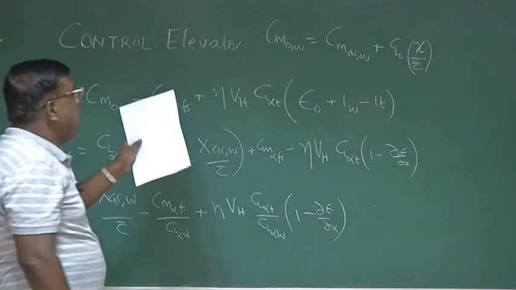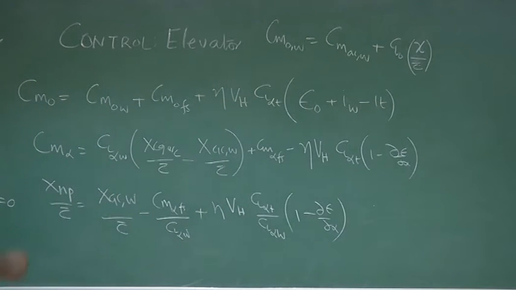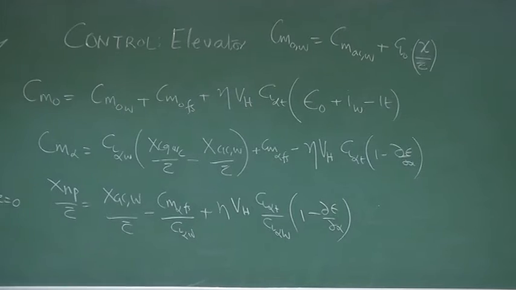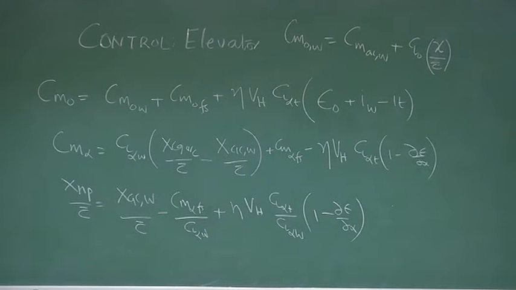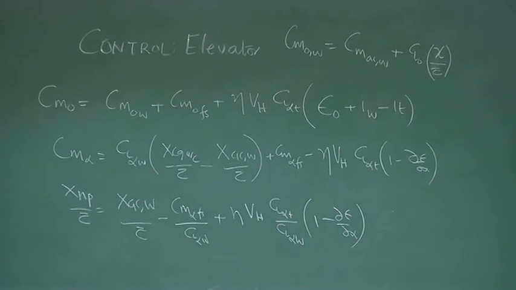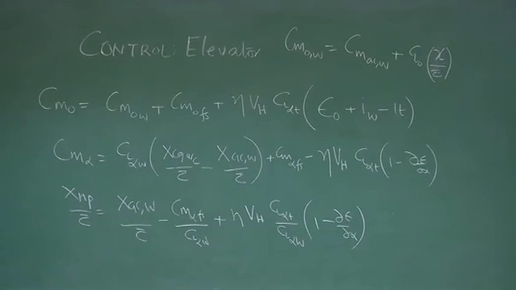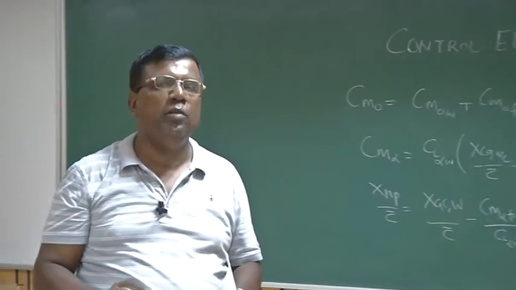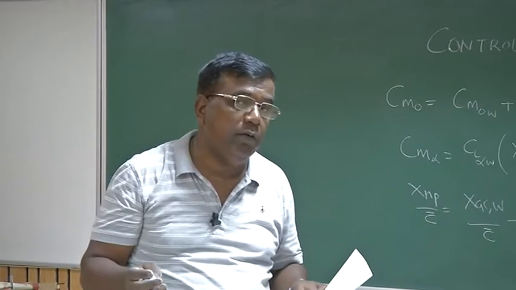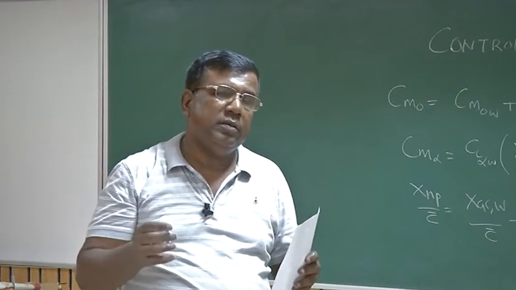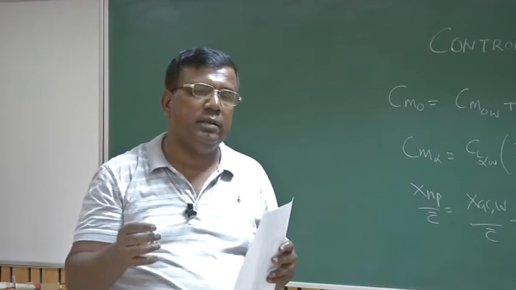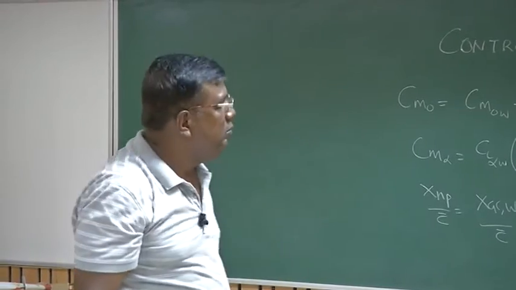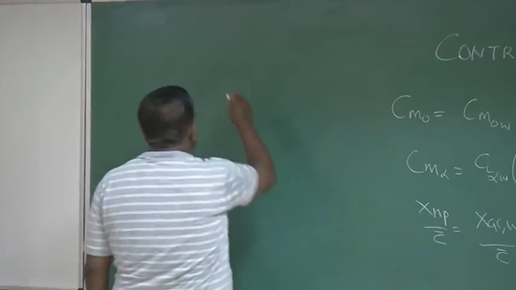And we'll try to understand that one first from a designer perspective. Okay? What a designer should do to ensure that Cm naught because of the wing is finally positive. It may not be able to compensate for whatever Cm naught you require, but it will ensure that it is not negative. Okay? Because we are using a cambered aerofoil.